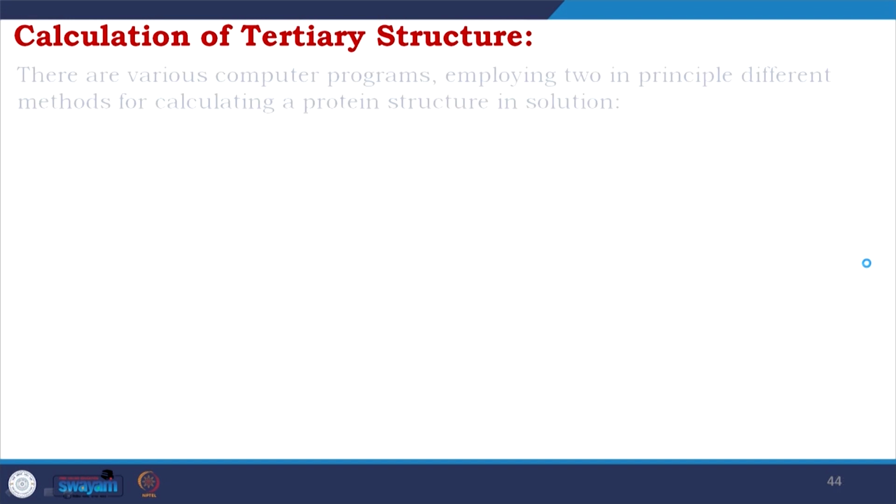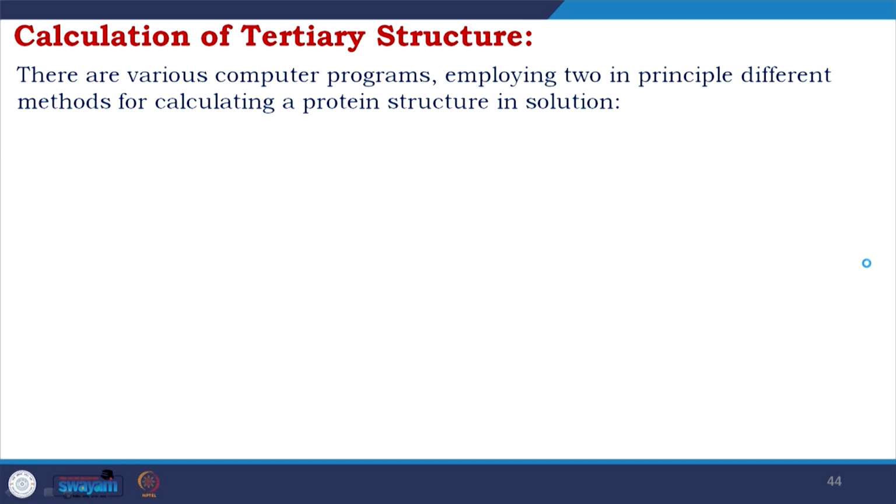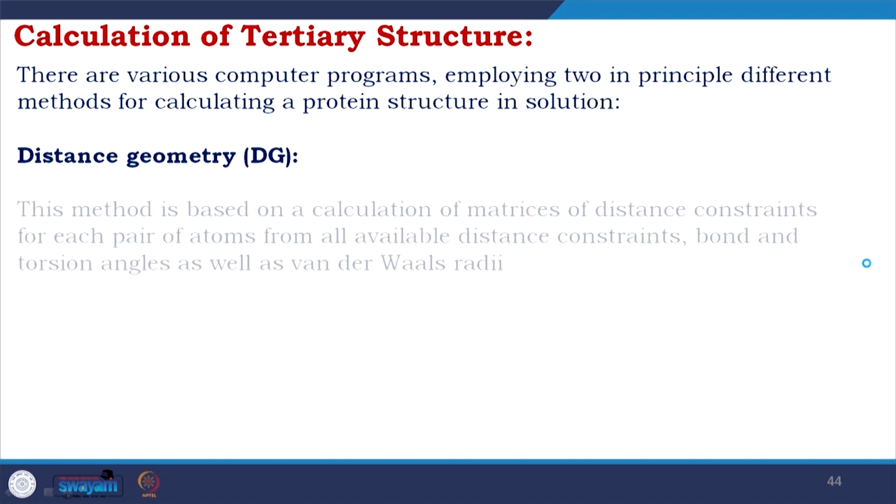For calculation of tertiary structures, there are various computer programs employing two in principle different methods for calculating a protein structure. So, there are various programs, but they generally use two major principles. One is distance geometry or DG.